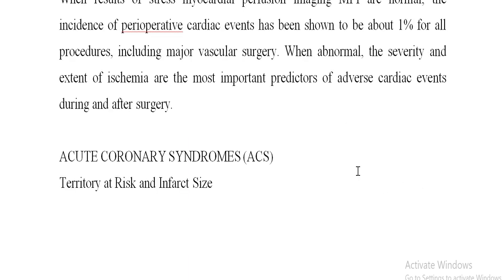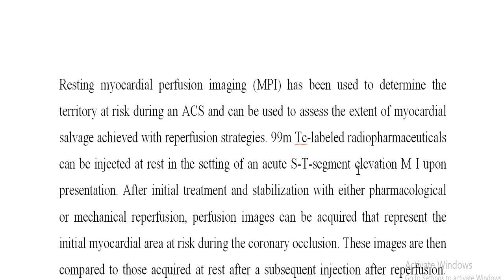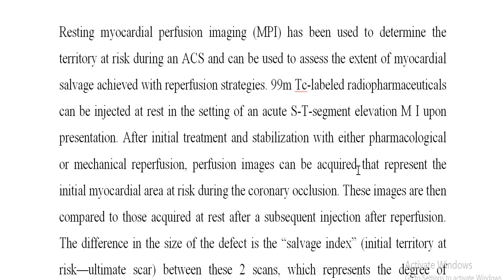Acute coronary syndromes, ACS. Territory at risk and infarct size. Resting myocardial perfusion imaging, MPI, has been used to determine the territory at risk during an ACS and can be used to assess the extent of myocardial salvage achieved with reperfusion strategies. 99mTc labeled radiopharmaceuticals can be injected at rest in the setting of an acute ST segment elevation MI upon presentation.